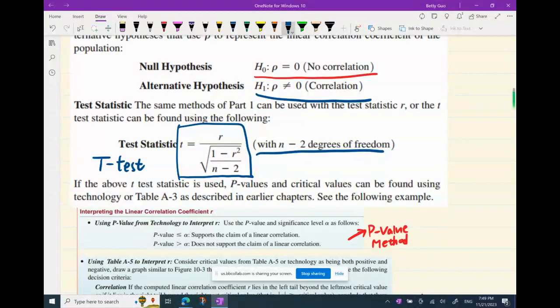Again, we don't really need to know the formula since we are going to use the TI-84 calculator to help us find the value of the t-test statistic. But what we need to know is the degree of freedom: n minus 2 is the degrees of freedom.